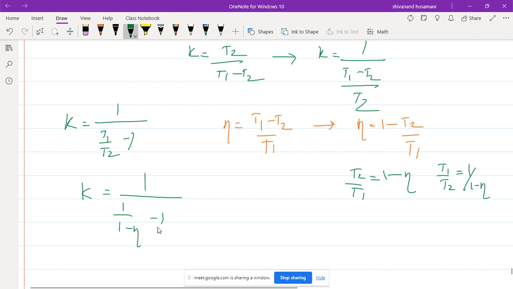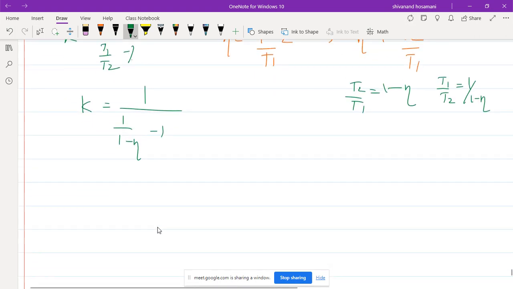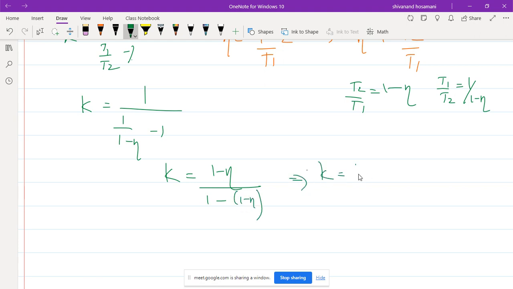Therefore the coefficient of performance K is equal to 1 minus eta divided by 1 minus of 1 minus eta. Totally, K is equal to 1 minus eta divided by eta.